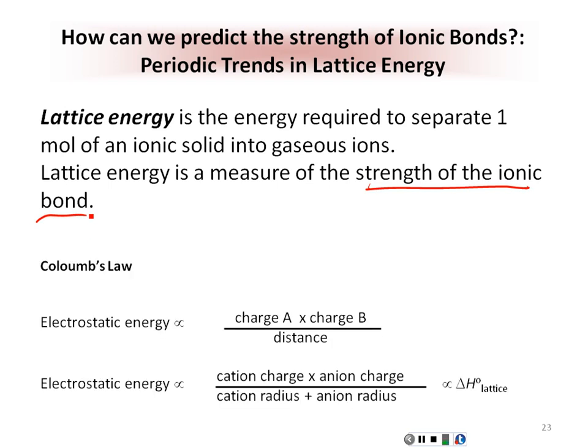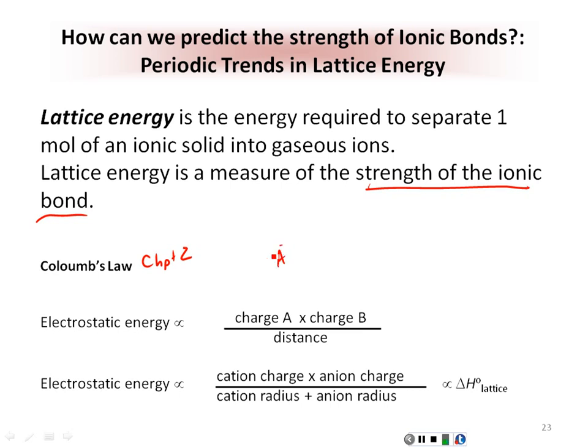And how do we determine the lattice energy? That's by Coulomb's law. And this is from Chapter 2. Chapter 2 talks a little bit about Coulomb's law. But what Coulomb's law states is the electrostatic energy is proportional to the 2 charges.